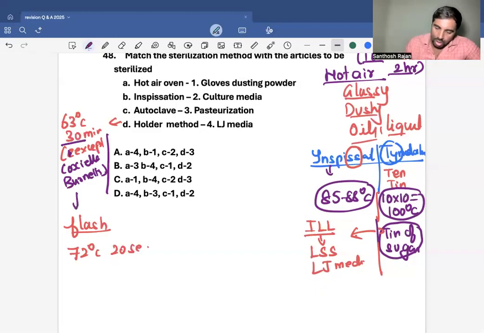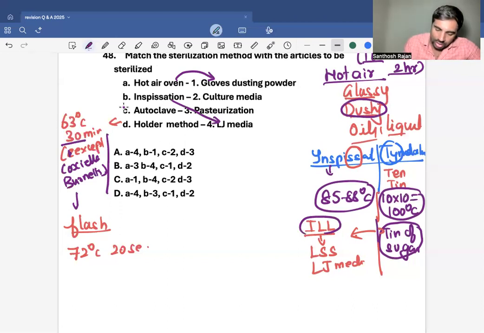Now hot air oven: anything glassy, dusty. Dusty is coming here, so dusting powder, the dusting powder of gloves. Inspissation, just now we said ILL: inspissation, LJ media.